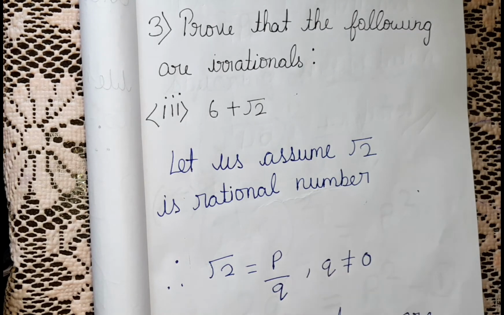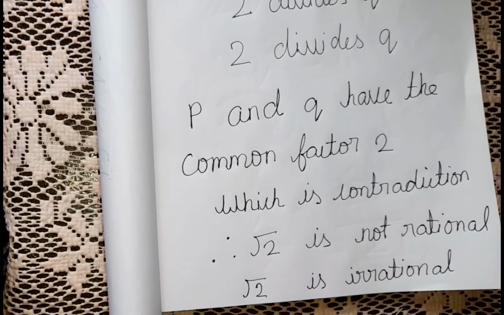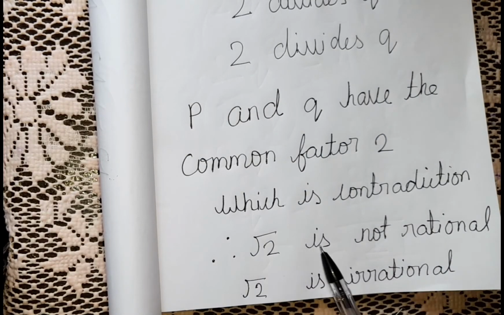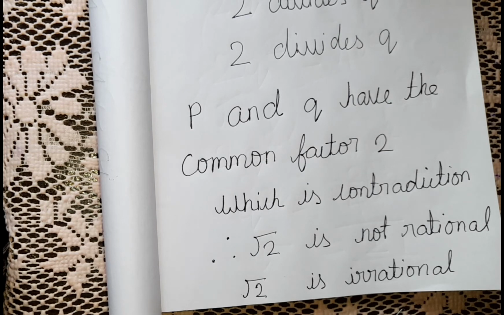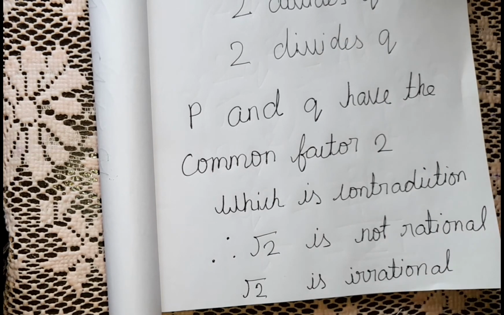After the contradiction, we say that root 2 is not rational, root 2 is irrational. Finally, we accepted that root 2 is irrational, and also that we took a false statement, that is the rational number. I hope you understood this.